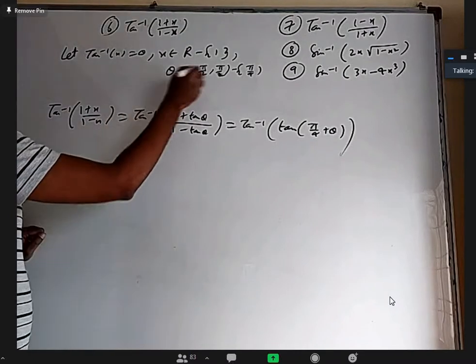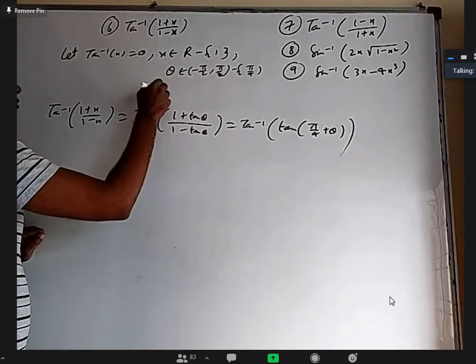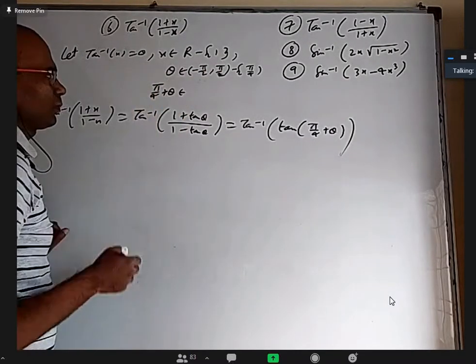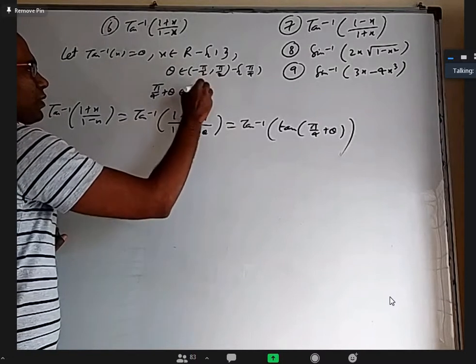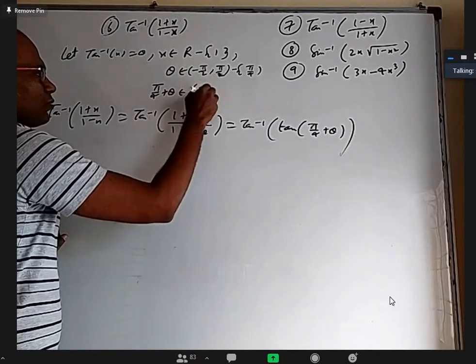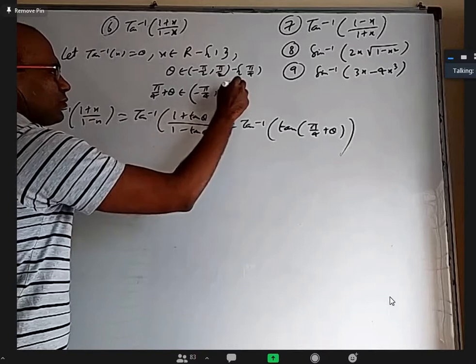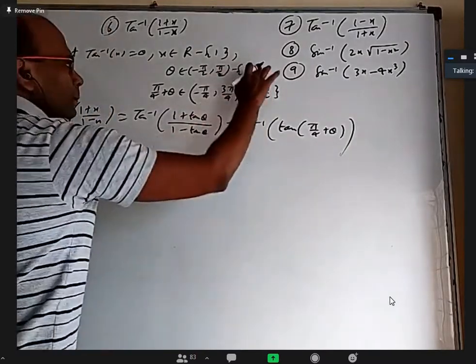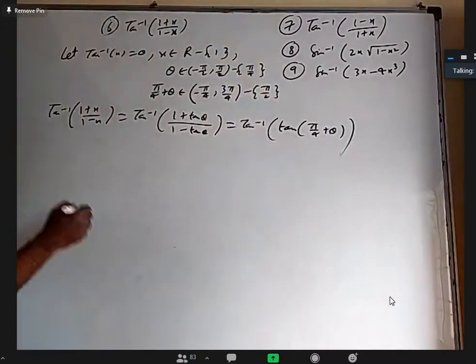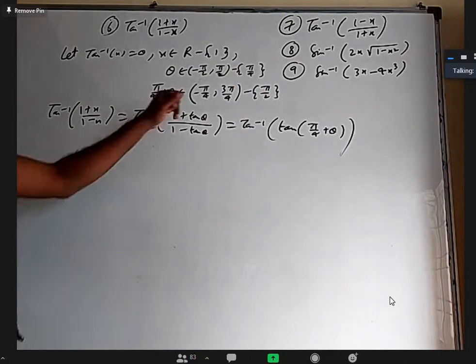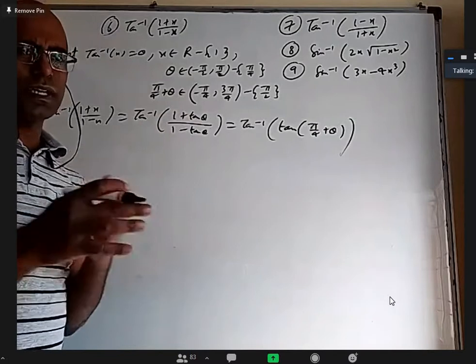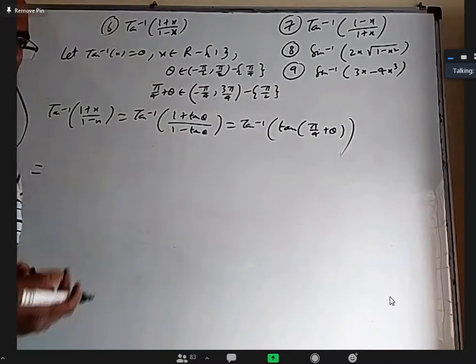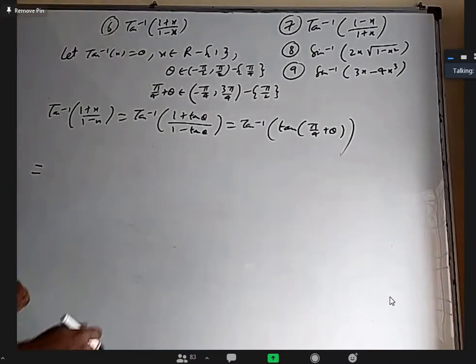And when theta belongs to this range, pi by 4 plus theta will belong to, when I add pi by 4, minus pi by 4 to 3 pi by 4, with pi by 2 in between. So between minus 45 to 135 degrees, only at 90 I have to break the formula, because up to 90 degrees one formula, after 90 another formula.